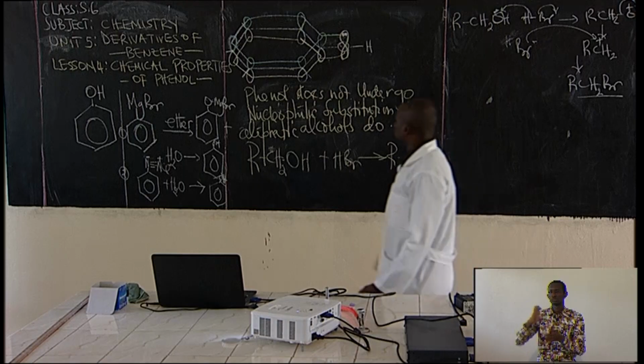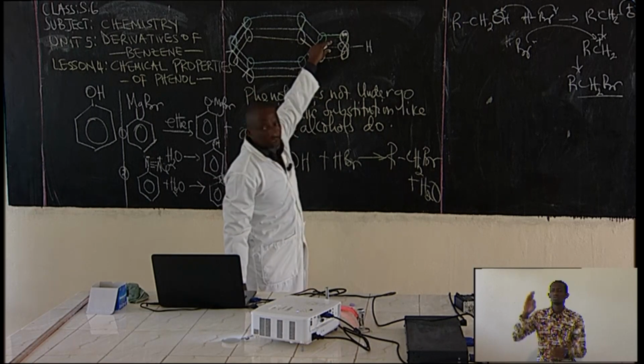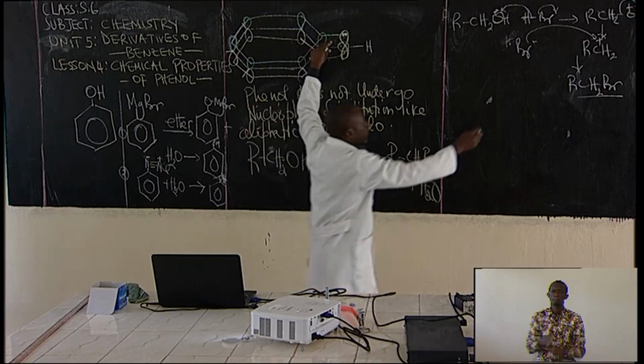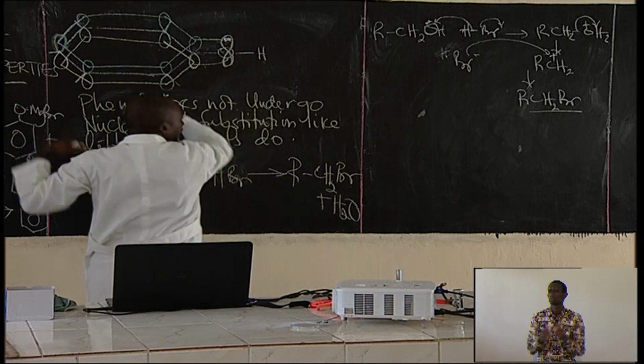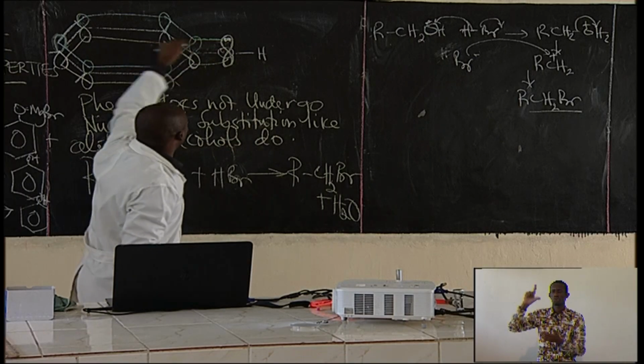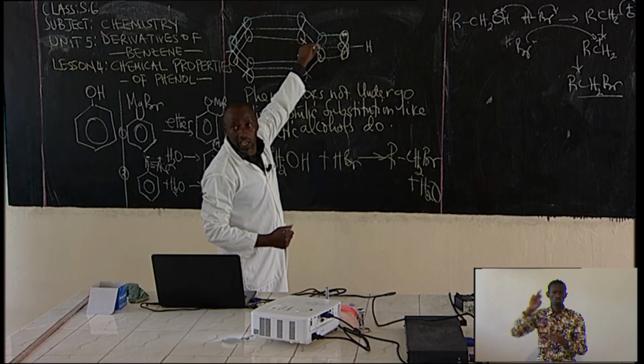So what happens here in the phenol, that positive charge cannot easily form here because of the electrons moving inside, and therefore these electrons will tend to stabilize the positive charge here.